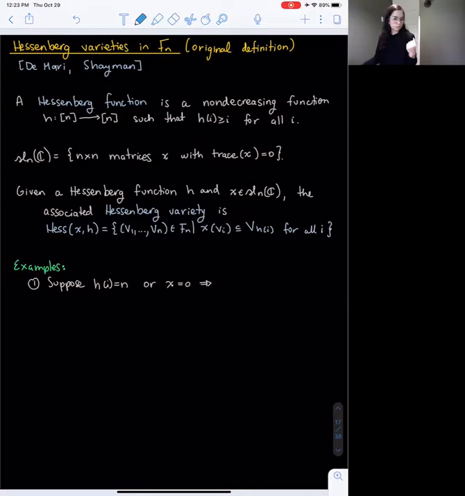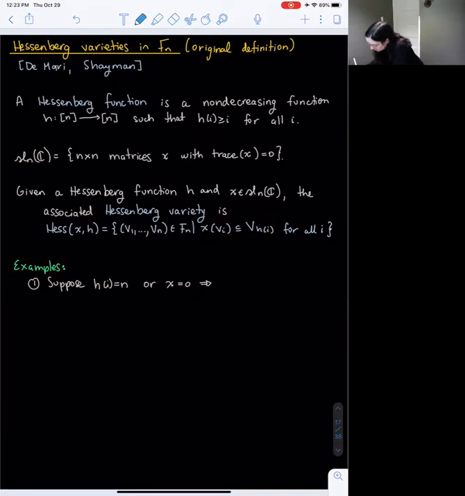So one is to maybe get a better sense of what they are, and the other two is to motivate. Let's suppose that h is a constant function n, or the element of your Lie algebra is 0. In any of those cases, you'll notice that this condition is satisfied vacuously, so they're really not imposing any conditions.